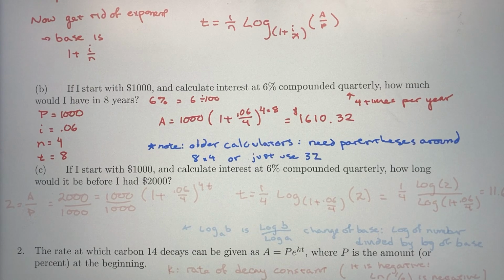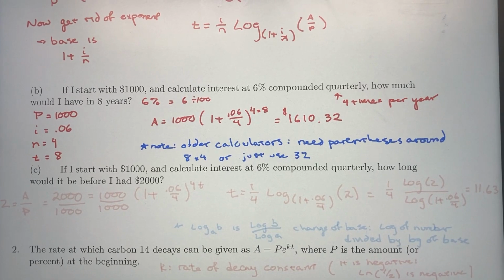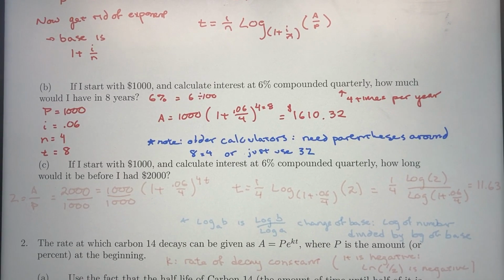Older calculators, if your calculator doesn't automatically make small numbers when you hit the exponent button, you'll have an order of operations problem.